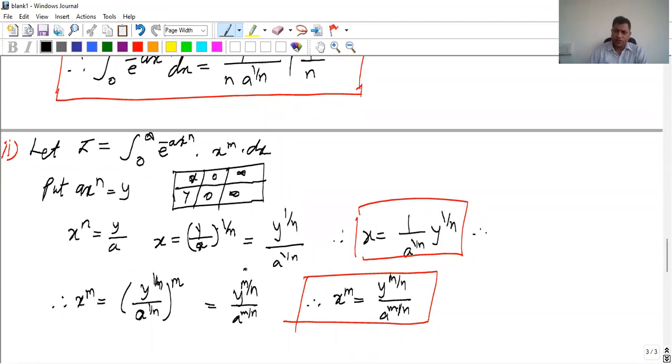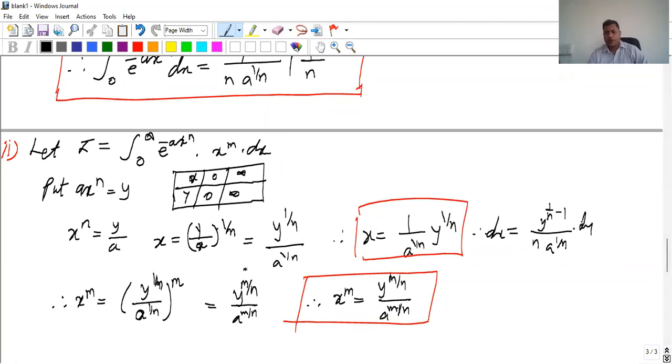Differentiating, 1 by n will come down, then a raised to 1 by n, and the numerator will be y raised to 1 by n minus 1.